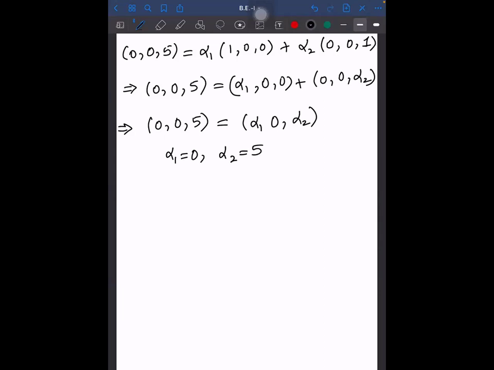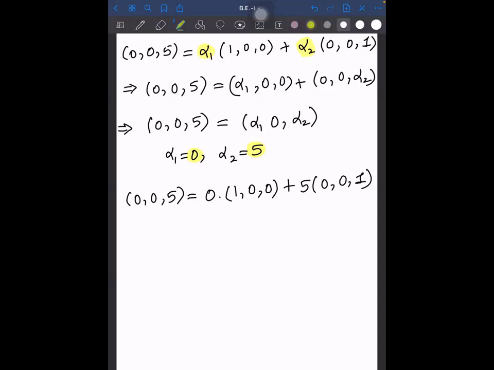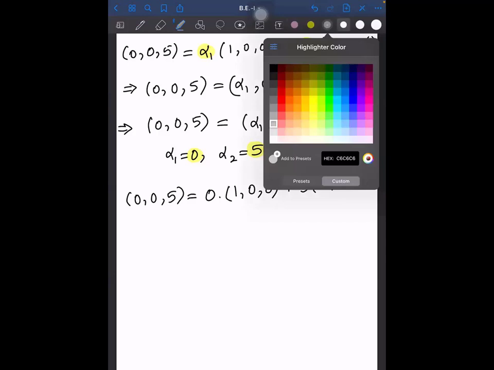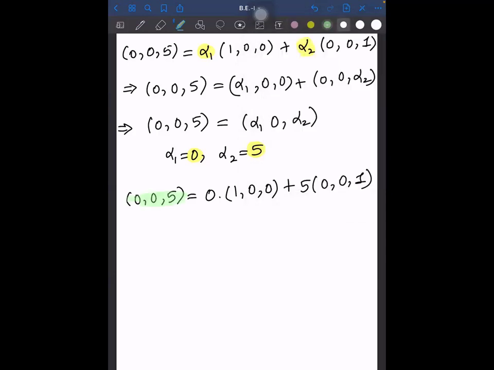Okay. And if you revisit your result, that means if you put these values over there, what do you get? Now see, check it. (0, 0, 5) equals 0 times (1, 0, 0) plus 5 times (0, 0, 1). Why is it so? Because we know that this particular vector (0, 0, 5) lies on the z-axis.